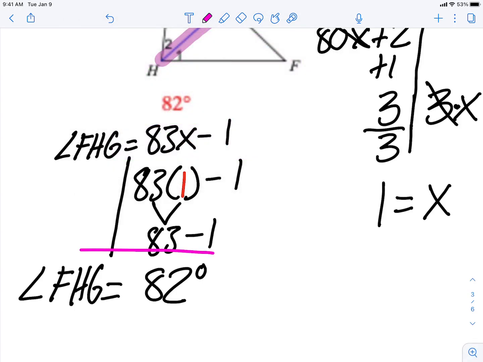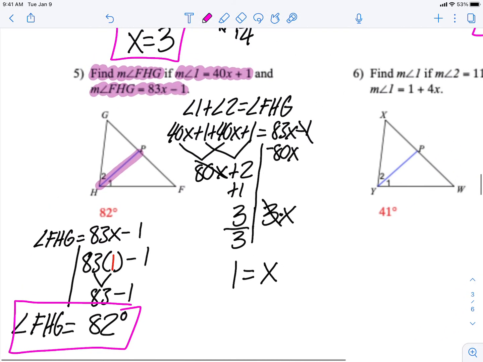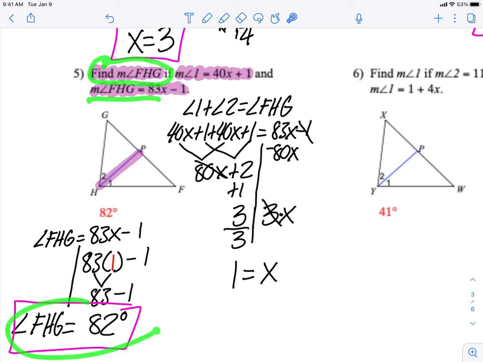And that right there, kiddos, is my final answer, because the question said find angle FHG, and I found angle FHG. Okay? Perfect.